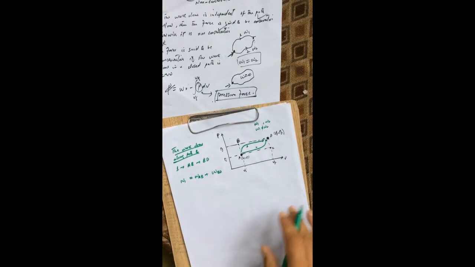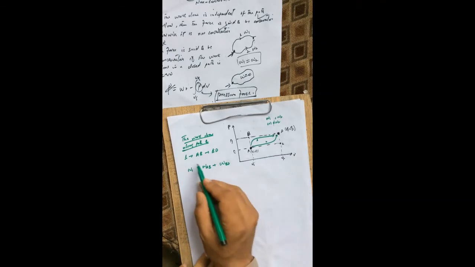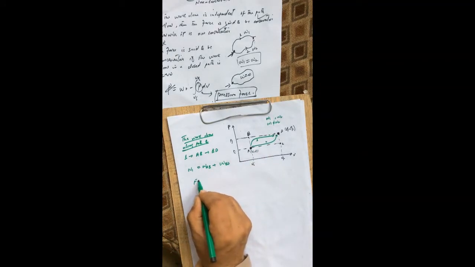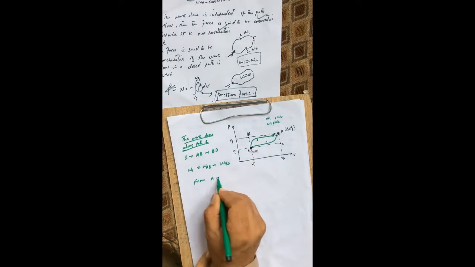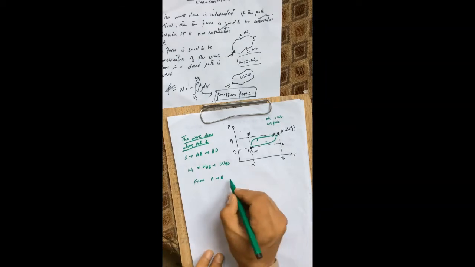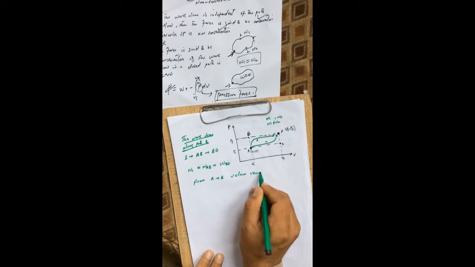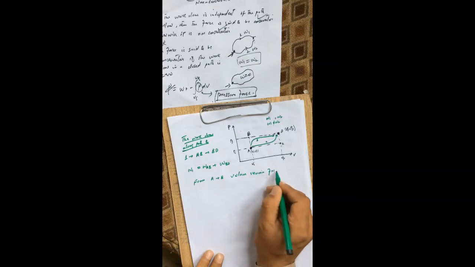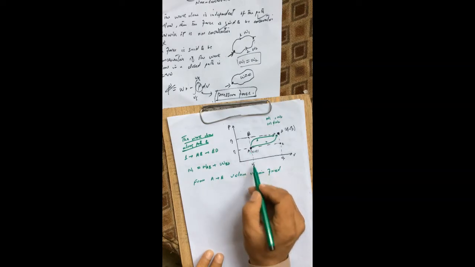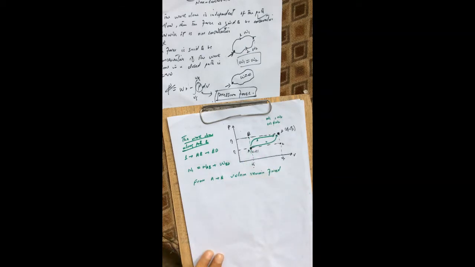Now if we are moving from A to B, the volume remains constant, fixed, because at point A the volume is Vi and at point B the volume is Vi. So the volume is fixed here.